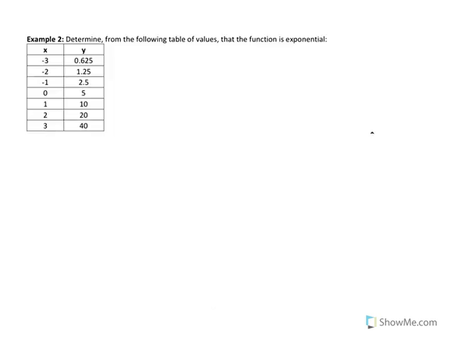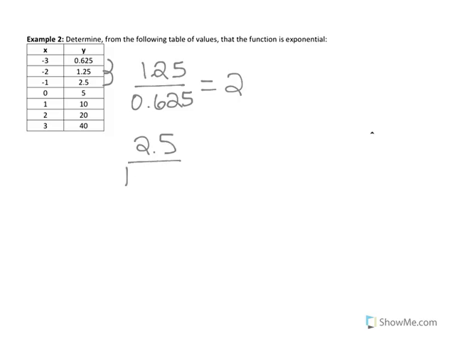We can tell if data is exponential by doing a ratio of our y values. So what I'm going to do is divide. I'm going to go 1.25 and divide it by the previous number. And what I get is 2. And I could do 2.5 divided by 1.25 to get 2.